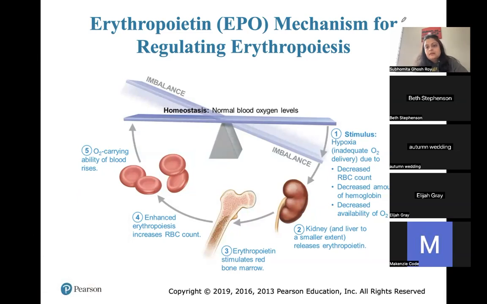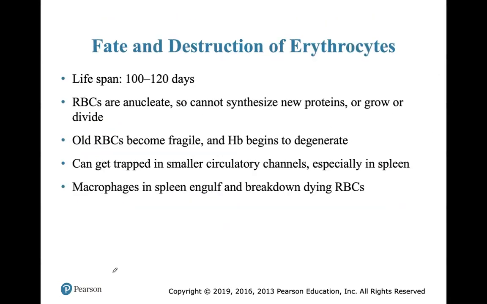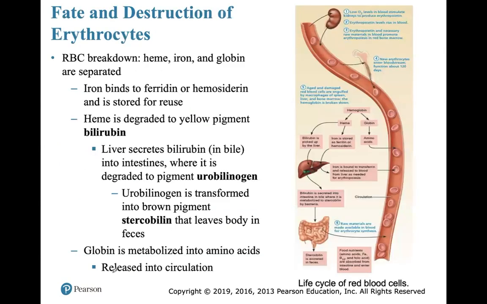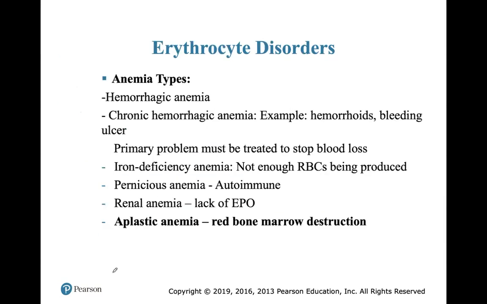The kidneys. Kidneys, awesome. So erythropoietin is secreted from the kidneys. We spoke about the regulation of this process, how erythrocytes are destroyed, and then the disorders, mainly anemia. Your case study is actually based on anemia.